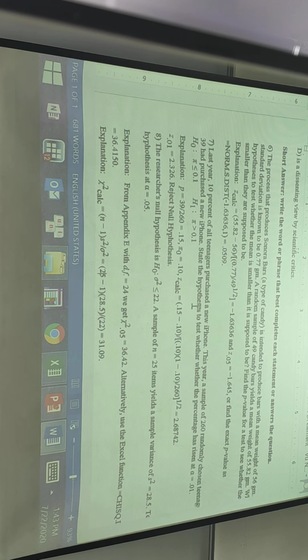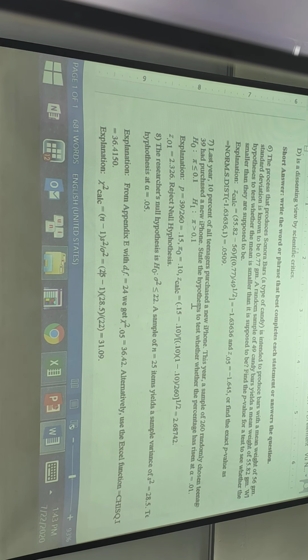A random sample of 49 candy bars has a mean of 55.82 grams. The information we have is that the mean is 56 and the standard deviation is known to be 0.77.